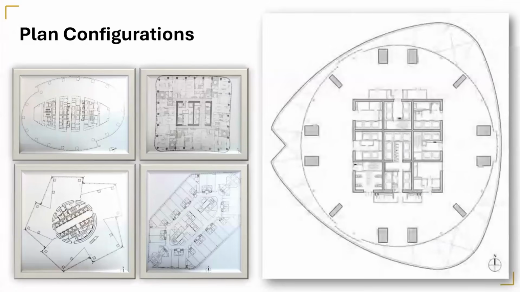Plan configurations, look at that. So building plans can be very different in tall buildings. This is a very interesting building because the architect wanted a different form, and also the wind was a major problem. So they created two buildings: the real building inside, and one building outside, which is only the cladding.